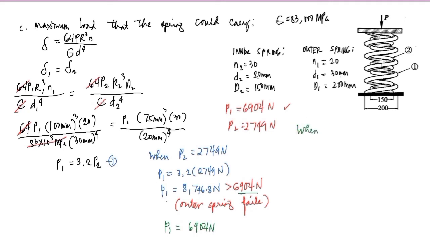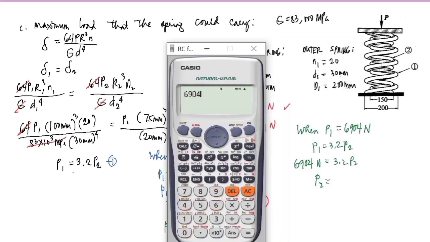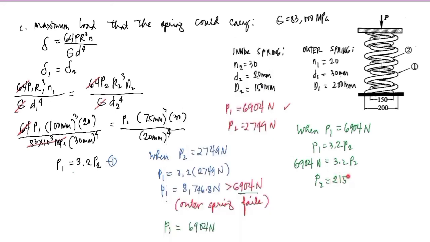And when P1 is equal to 6,904 Newton, then from this equation, P1 is equal to 3.2 P2, so 6,904 is equal to 3.2 P2. So P2 is equal to 6,904 divided by 3.2, and that would give us 2,157.5 Newton.